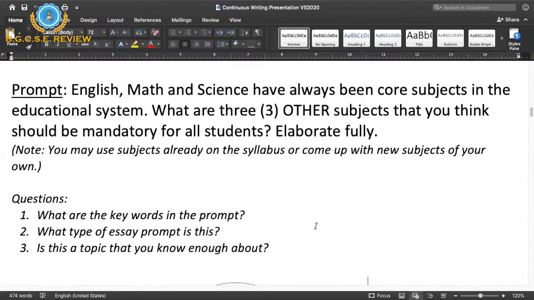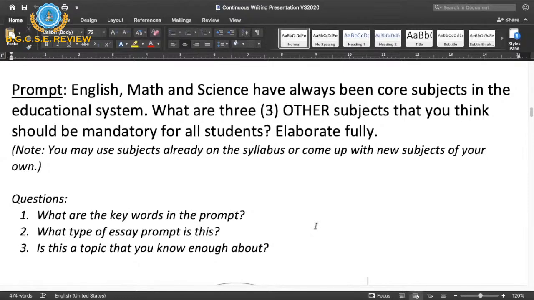Good job, guys. Those who said it is an expository essay, give yourself a pat on the back. Now, why isn't it a persuasive? Did the prompt ask you to choose a particular side? I don't think it did. Remember, persuasive, you are going to convince. Do you agree or you disagree?